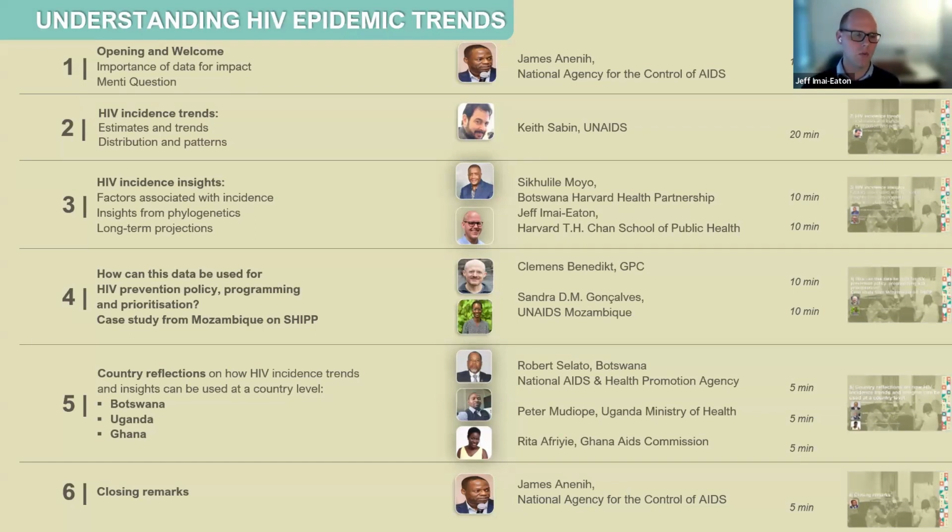And so we need to balance both continuing to scale up our treatment and viral suppression, but also sustaining some of our core prevention strategies that have been important for the gains we've seen thus far, and therefore will also be important to keeping infections low in the future.